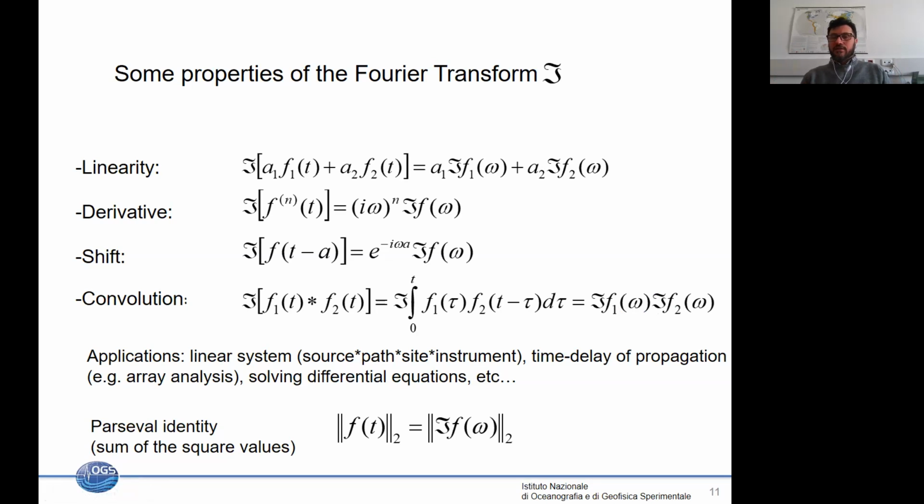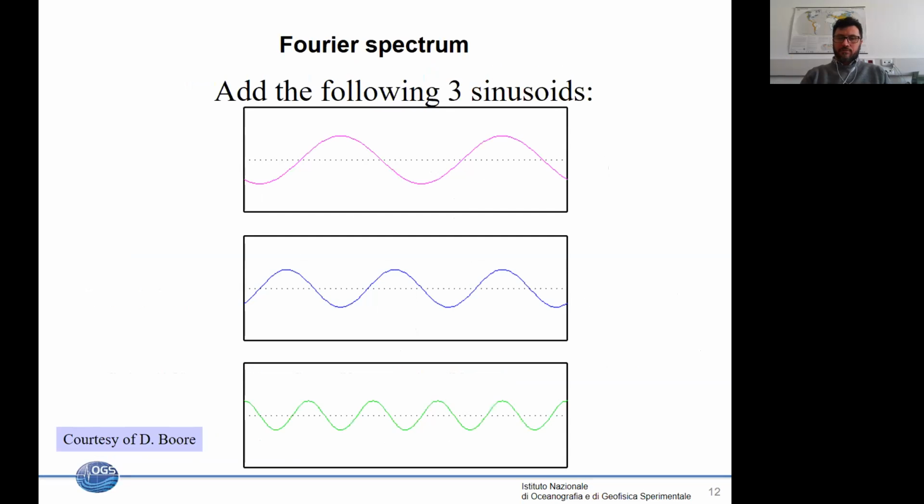And this is exactly used in most of the problems where we are trying to separate from the observation the different contributions of the source, of the path, that, for example, can be the attenuation function through the crust, or the propagation, including attenuation through the crust, and the propagation in the last and shallowest geological layers. Okay? So we have to remember these properties.